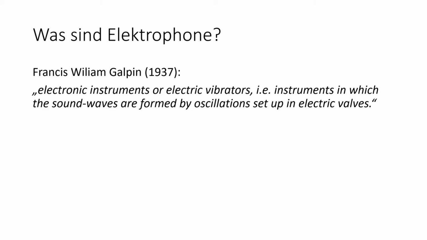With electric valves, he probably meant radio valves. So this does apply to the instruments we've seen. The Theremin uses radio technology, which in general was the main thing that started electronic music, and it also did for electrophones. So this does sound like a valid definition.